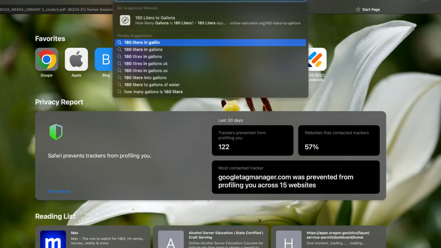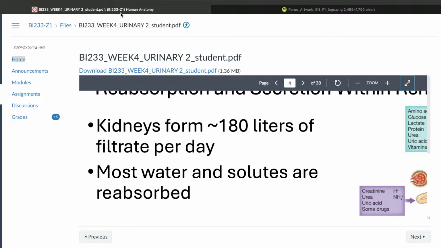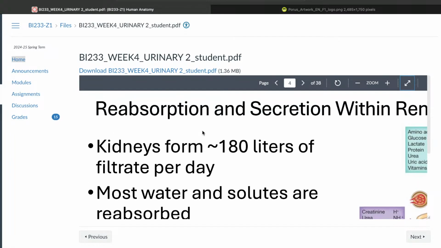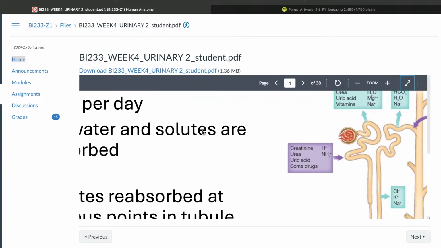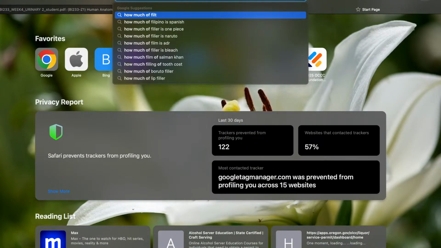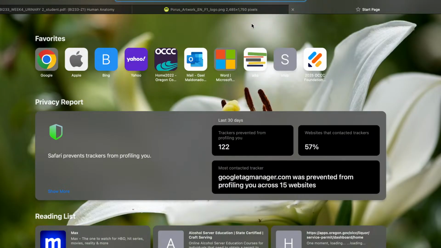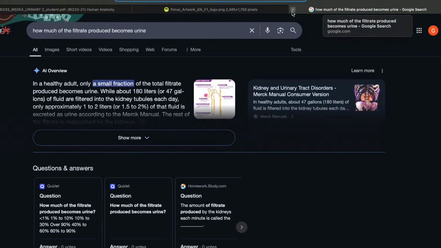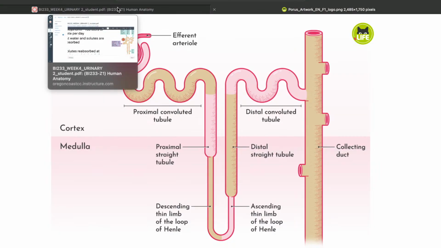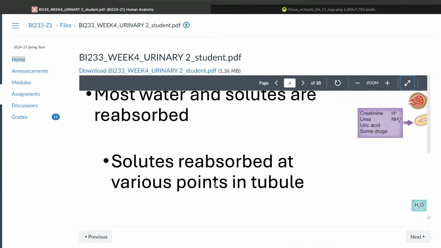In gallons, that is 47 gallons, but obviously we don't pee out 47 gallons a day. I think it's like 1%. Yeah, 1.5 to 2% of that is what actually comes out as pee. So mostly everything is reabsorbed.